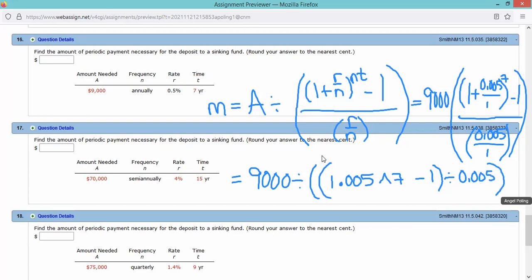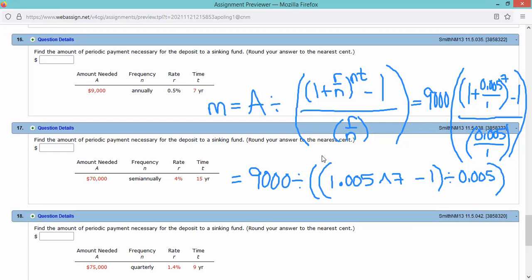This should be a go. Okay, so let me try. 9,000 divided by parenthesis 1.005 caret 7, which is N times T, take away 1, end parenthesis, divided by 0.005, end parenthesis.